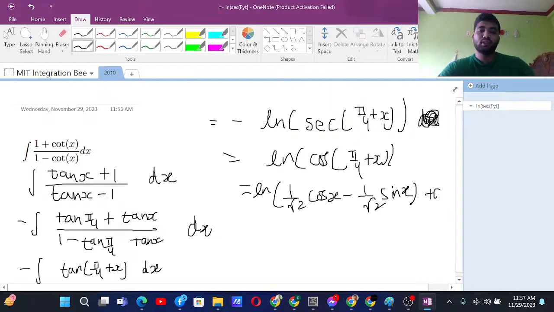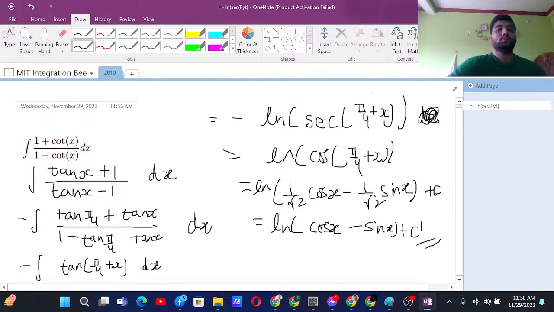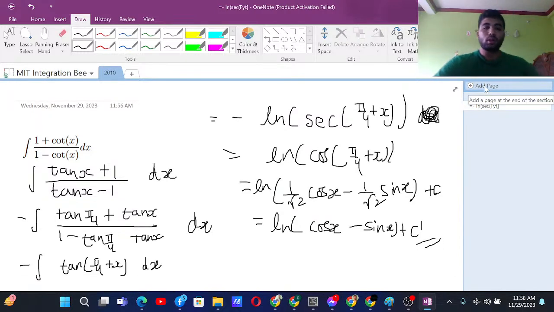Now we can take 1/root 2 common, and then make it ln of 1/root 2 plus ln of (cos x minus sin x). The ln of 1/root 2 is just a constant, and it dissolves into the constant. So that gives us ln of (cos x minus sin x) plus c dash. So that's the answer. Now let's go to the next one.